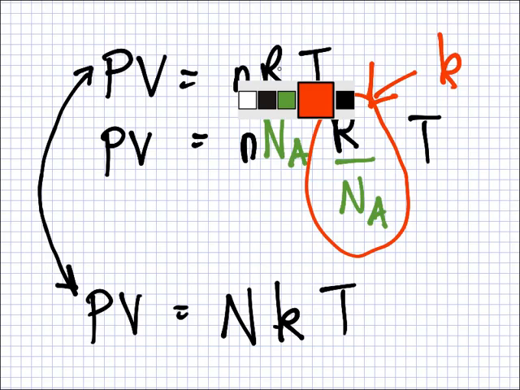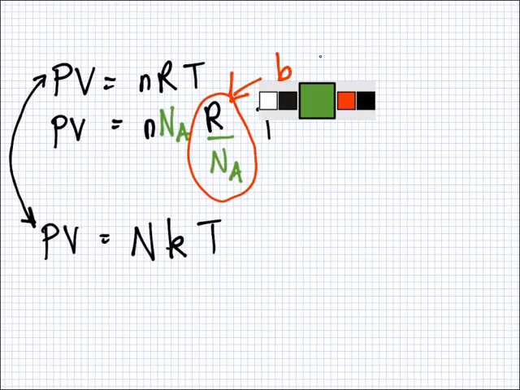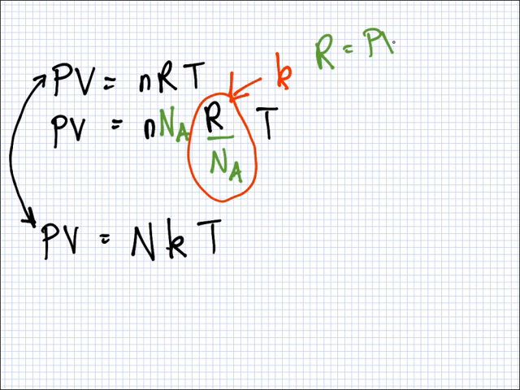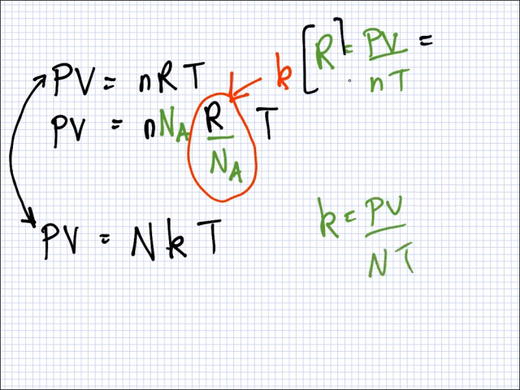I want to check the dimensions of these constants before I continue. So, in the first formula, you can say R equals PV over nT. And in the second formula, you can say k equals PV over NT. The units for R: pressure is Pascals, which is newtons per meter squared, and volume is meter cubed, and n is moles, and temperature is Kelvin.